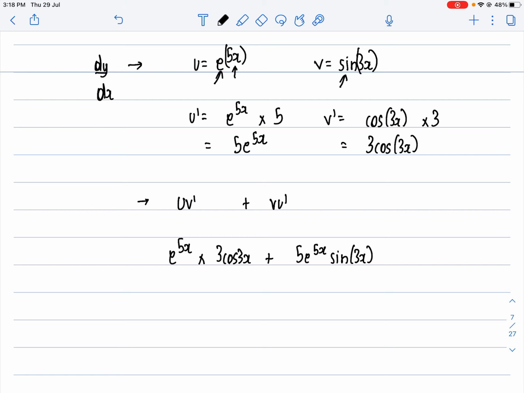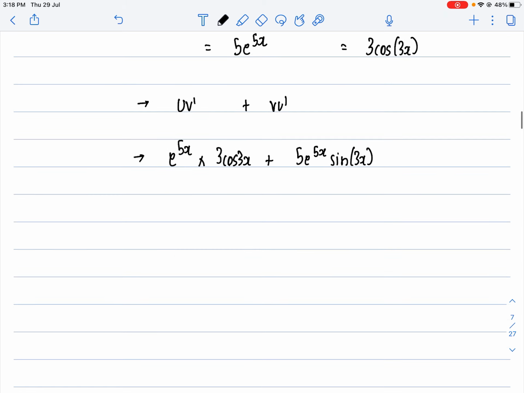Correct? This is basically my dy by dx. So now I can simply write this as 3 e raised to 5x cos 3x plus 5 e raised to 5x sin 3x.